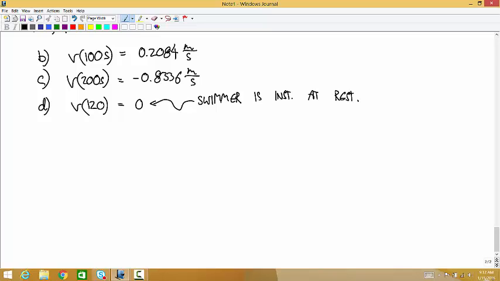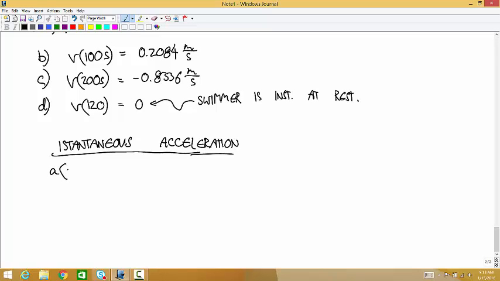Okay, so now let's talk about instantaneous acceleration. The instantaneous acceleration is also a function of time, so that can change over time. There are a lot of cases where we're going to use constant acceleration, but it doesn't have to be the case.